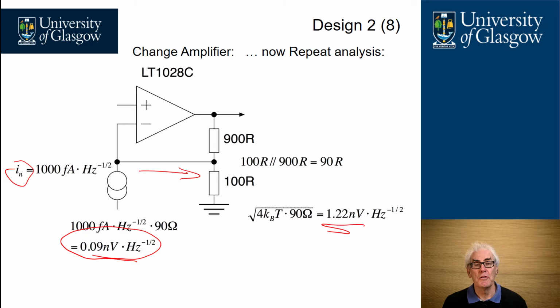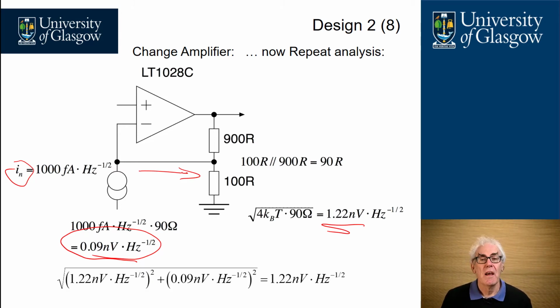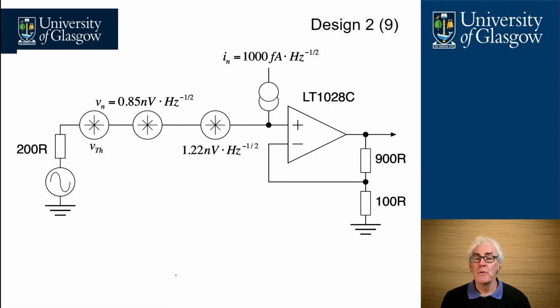So we only have a contribution of about 0.09 nanovolts per root hertz, which gives us a total value here of 1.22 nanovolts per root hertz. The reason that this parameter here disappears is that when you square it, it goes so small it doesn't materially affect the calculations.